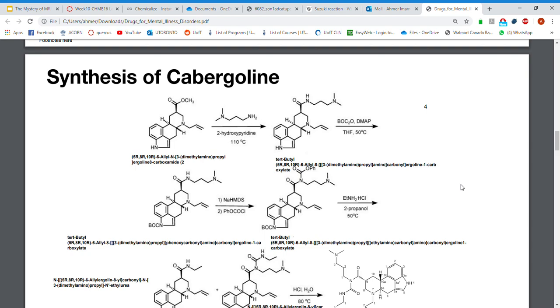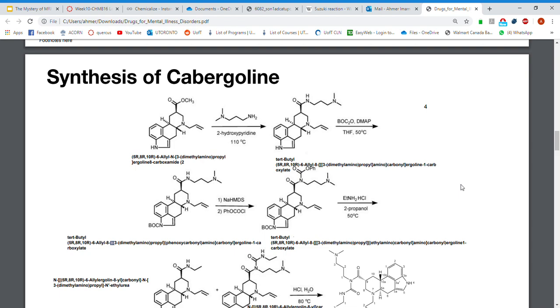Obviously you protected that nitrogen. What did you want to selectively react with? Basically, what's the difference between the protected thing and the next one? We want to react with the nitrogen attached to the carbon ketone, basically the amide nitrogen.